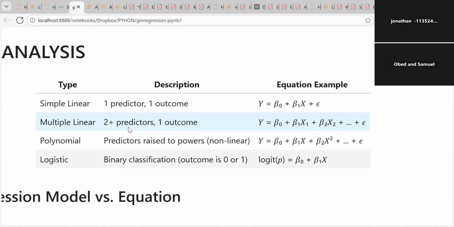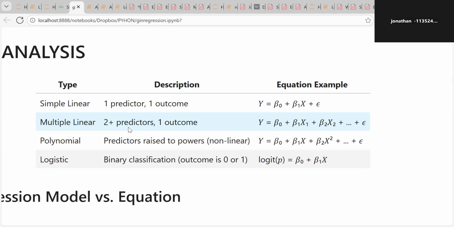When the outcome or the target is more than one, what is that?